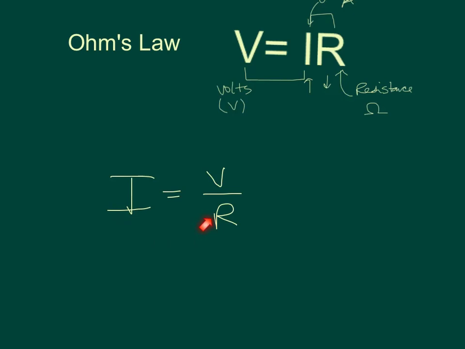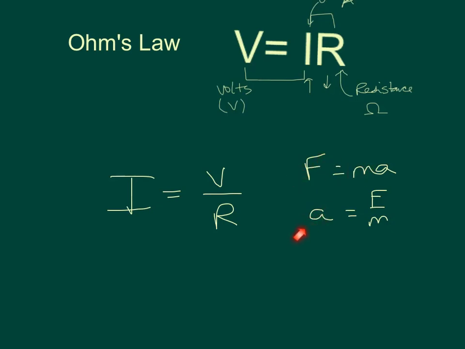And also what it does show is that our current itself responds to the voltage and the resistance. Just like when we had force equals mass times acceleration, sometimes you would see that as acceleration equals force divided by mass. Acceleration responds to the changes in the mass and the changes in the force.